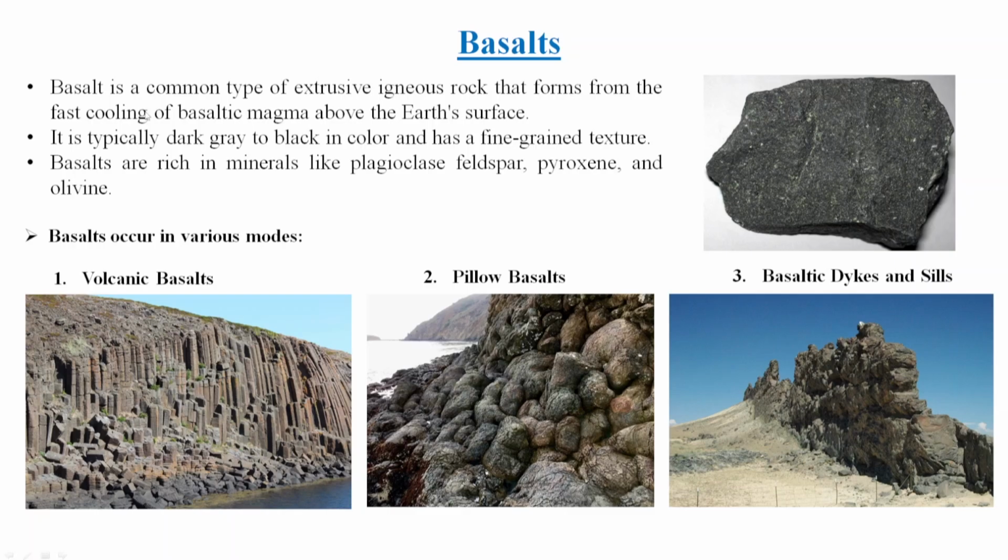If you remember, the main components according to the order of crystallization of minerals were augite and olivine, and obviously some feldspar, specifically the calcium rich anorthite, present in both peridotite as well as in basalt. Your basalt might occur as volcanic basalts with columnar structures.